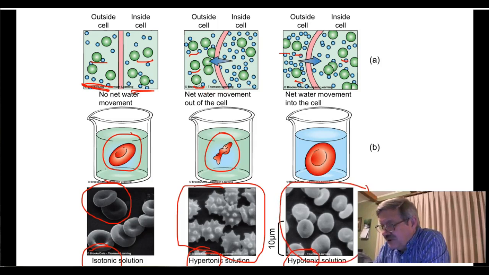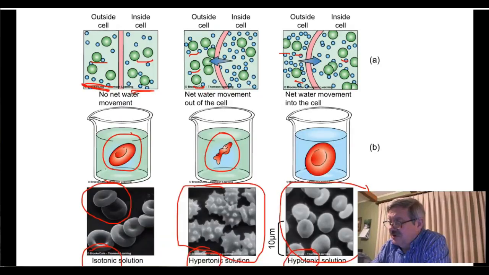They're inflated with water. If that continues, they will go to the point that they burst, and that is referred to as cytolysis, or more specifically for red blood cells, hemolysis. So plants will do quite well because they have the reinforcing cell wall. They'll do quite well in hypotonic solution. Animal cells will not. Animal cells need an isotonic solution.